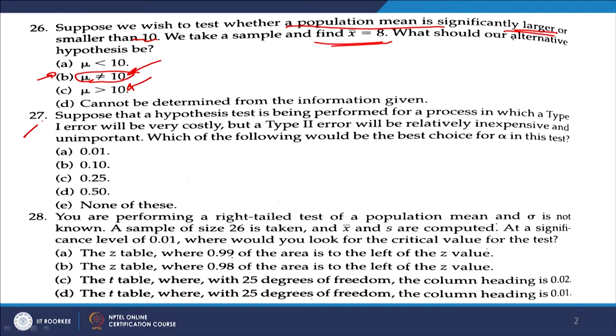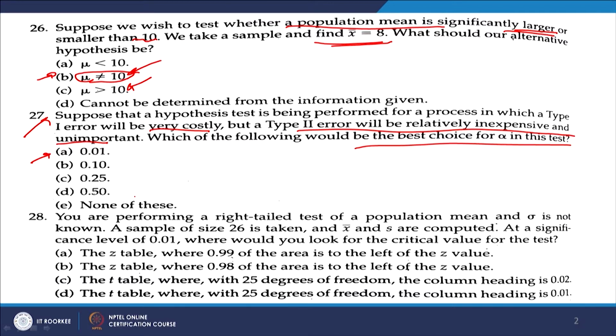Suppose that a hypothesis test is being performed for a process in which a type 1 error will be very costly, but a type 2 error will be relatively inexpensive and unimportant. Which of the following would be the best choice for alpha in this case? 0.01, 0.10, 0.25, 0.50, none of these.